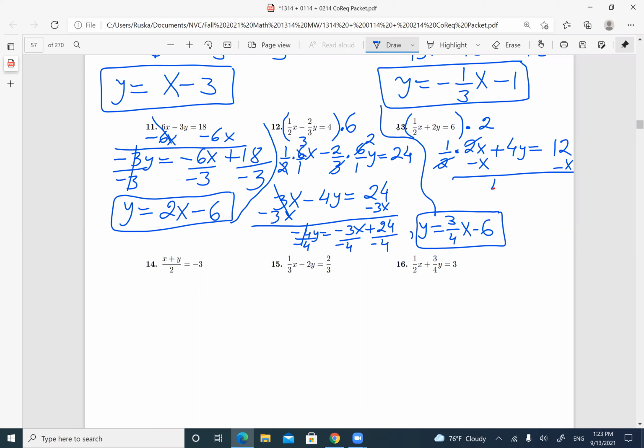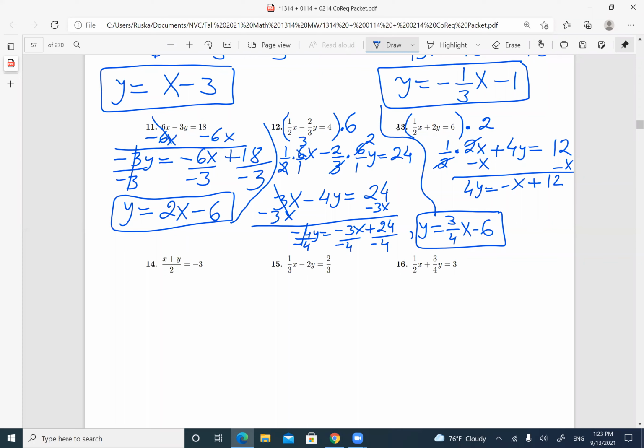So we have 4y equals 12. I'm sorry, minus x. Let's write the x first again. So we get 4y equals -x plus 12.